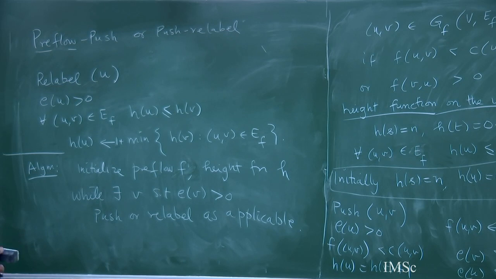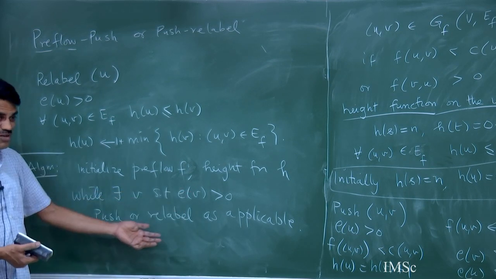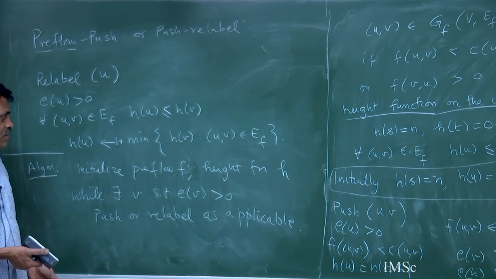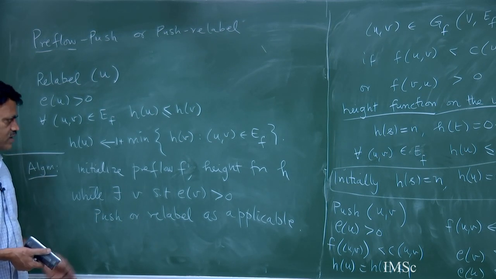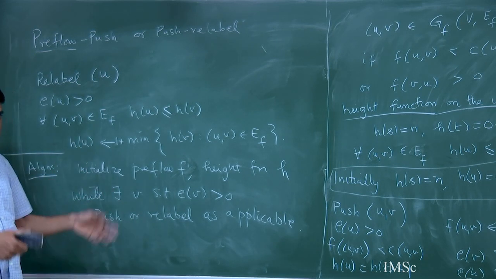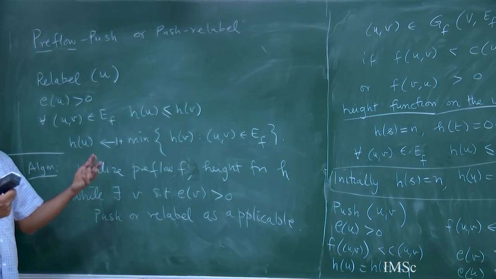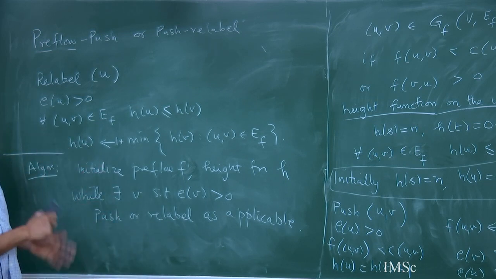Now, I have to show that this algorithm does not get stuck, that some excess is greater than 0, but I cannot apply these two conditions, or that it does not go on forever, that it will actually terminate. I want to understand how much time it takes, all that. Okay, algorithm clear?